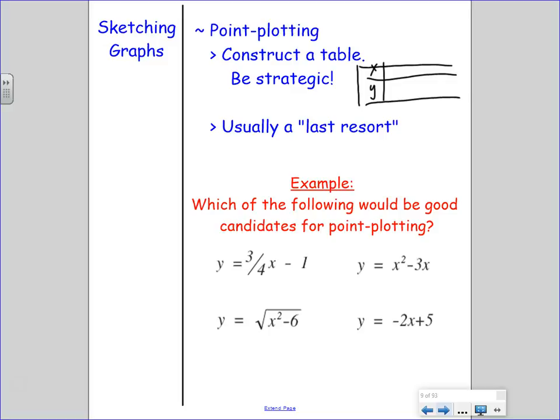I would hope, as we continue on, that with these ones in your math repertoire, you'd be like, nah, that's a line, I got that, right? I would say not that one. Same thing. Point plotting, that's with a table. I'd say lines, hopefully y equals mx plus b, we basically have. Oh, got it. Now, which ones would be good for point plotting, aka actually making a table?